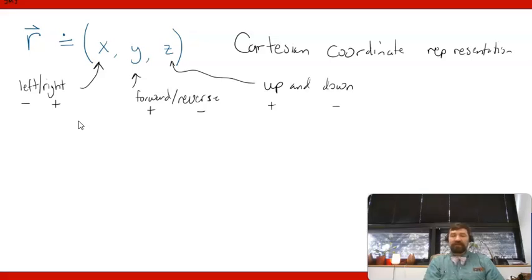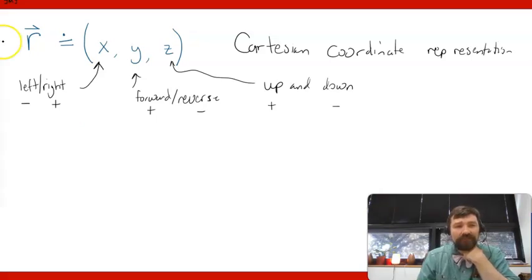That's a projectile motion. Well, we only need 2 directions, a sort of forward, reverse, and up, down, or maybe a left, right, and up, down to describe this. So, you know, this is Cartesian coordinate representation in 3D.